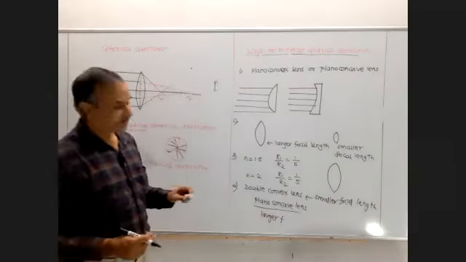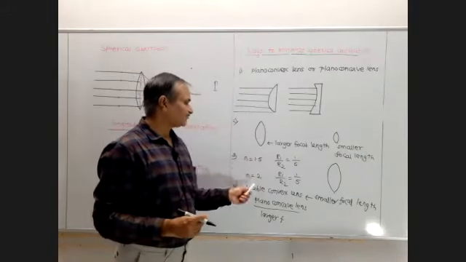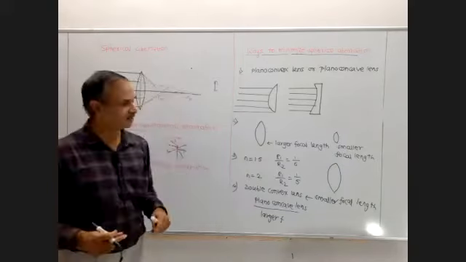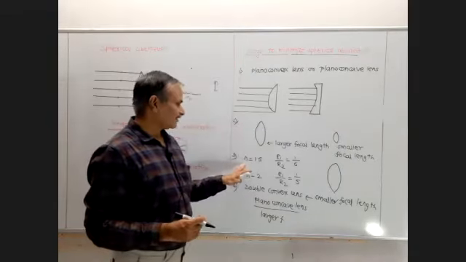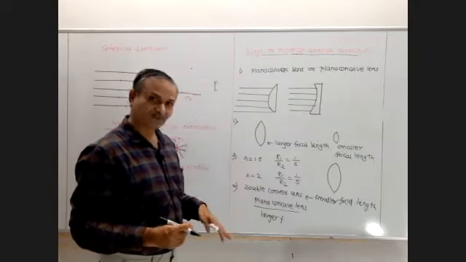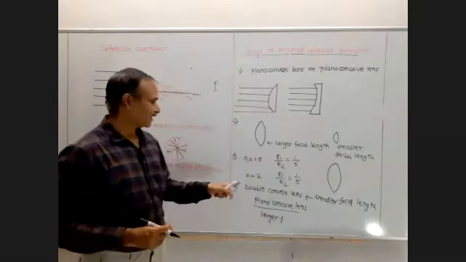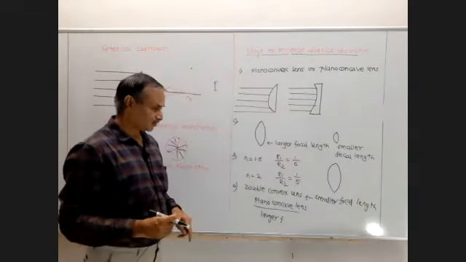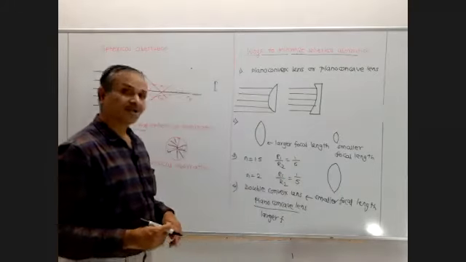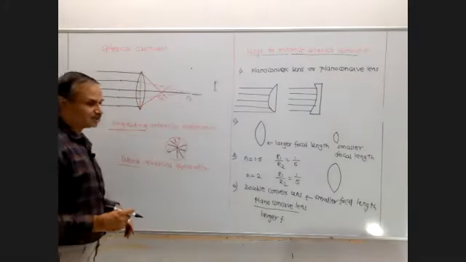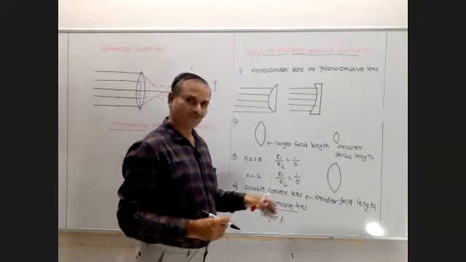Third, by taking a ratio of radii of curvature, different for different refractive indices. For example, if the refractive index is 1.5, then the ratio of radii of curvature is 1 upon 6. And if the refractive index is 2, then the ratio is 1 upon 5. Fourth, by using a combination of double convex lens and plano-concave lens of different focal lengths.